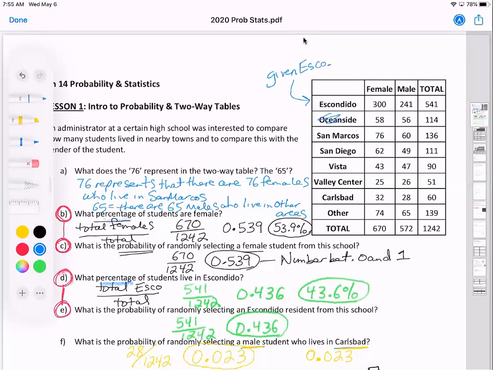We're going to ignore all the other towns. We're only going to look at the Escondido data. So the question was, given that they're from Escondido, what's the probability they're female? Well, you need to know what's the total number of females in Escondido and how many total students are from Escondido.